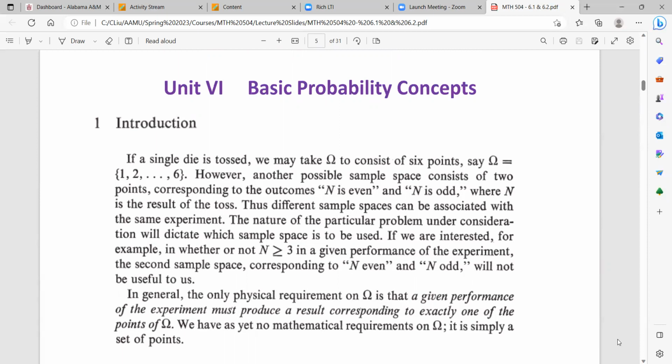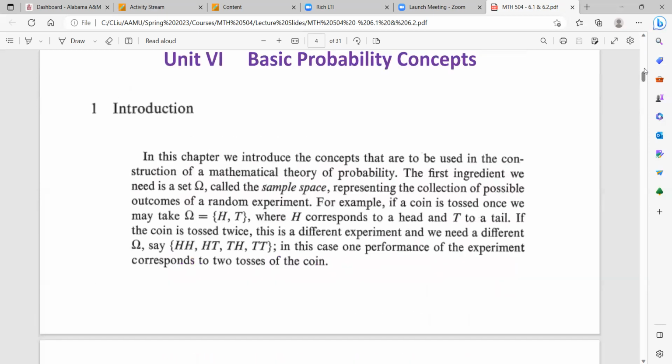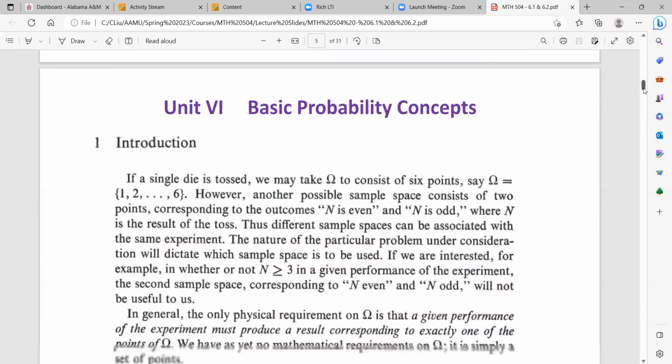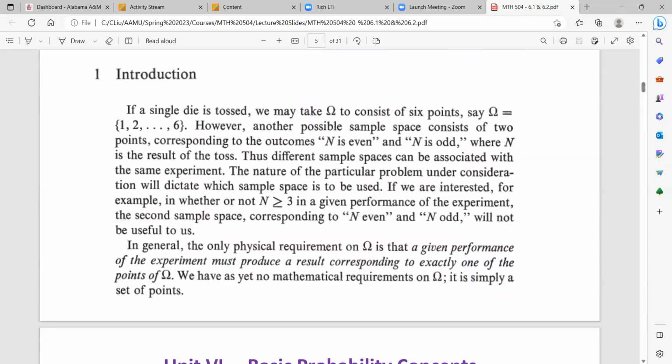Anyway, any questions about this? I think we have not done too much about probability, so everything should be easy. Okay.